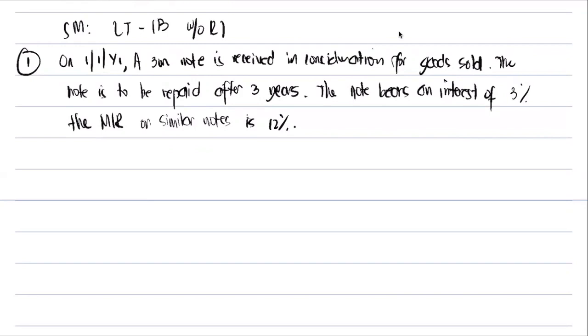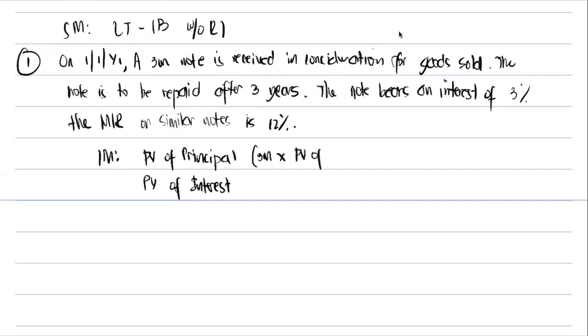So we compute first for the initial measurement. Since this is a long-term interest-bearing note without reasonable interest, our initial measurement is composed of your PV of principal and PV of interest. Our PV of principal is equal to 3 million multiplied by PV of 1, n equals 3, i equals 12%.